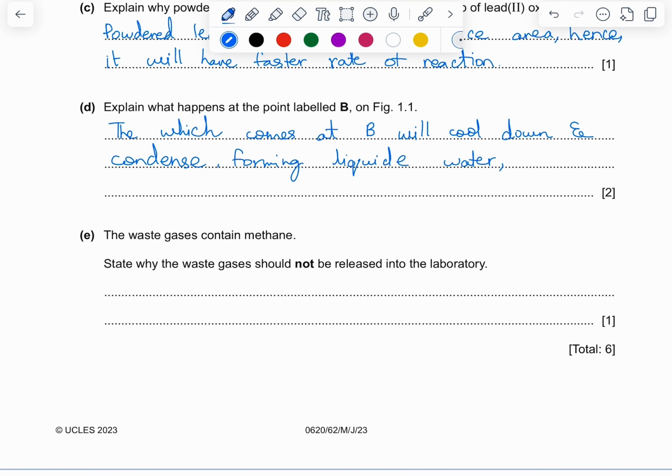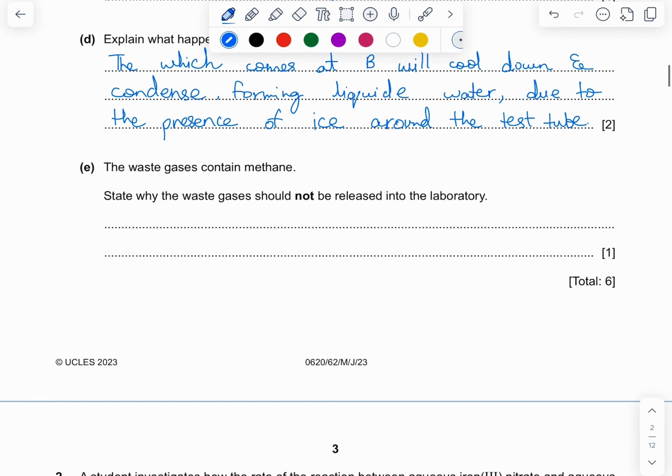And because there is a space, we can write due to the presence of ice around the test tube. Full stop.